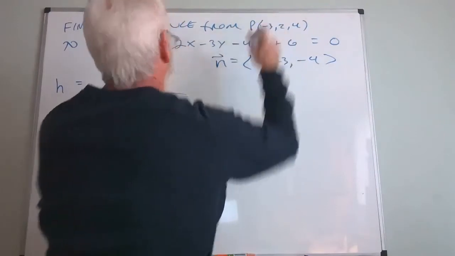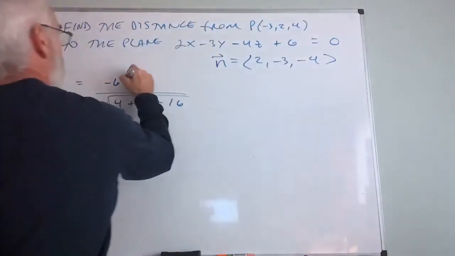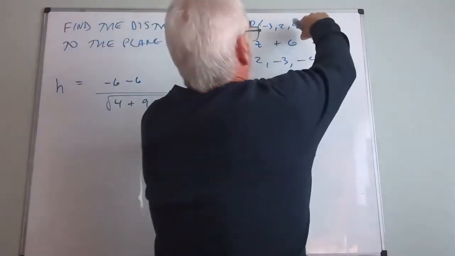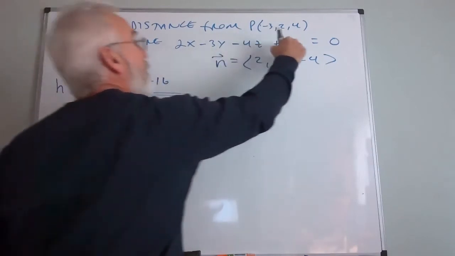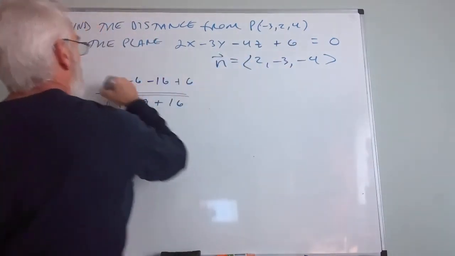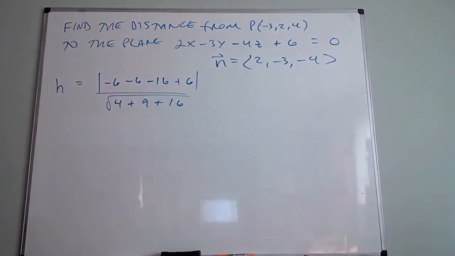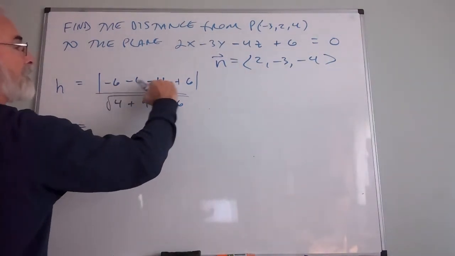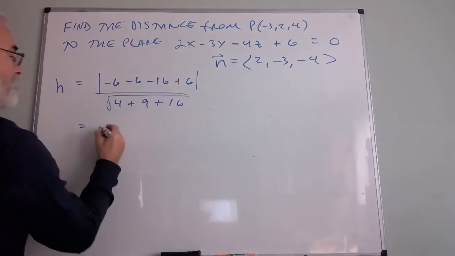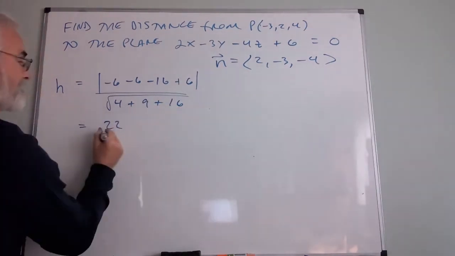So it's going to be -6, -6, -16, plus 6, all inside of the absolute value. And I do need the absolute values because that quantity is in fact negative. So -12, -28 plus 6, that's -22. So the absolute value is just 22. 13, 16, that's 29.